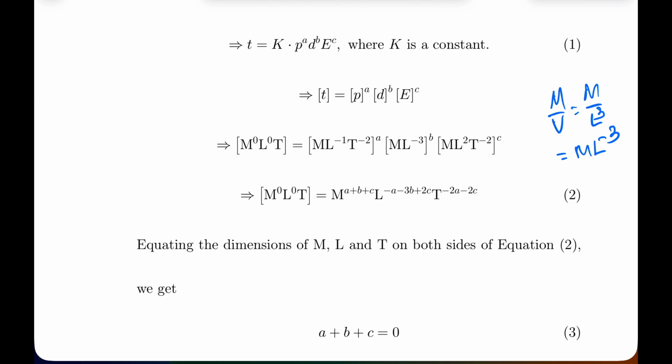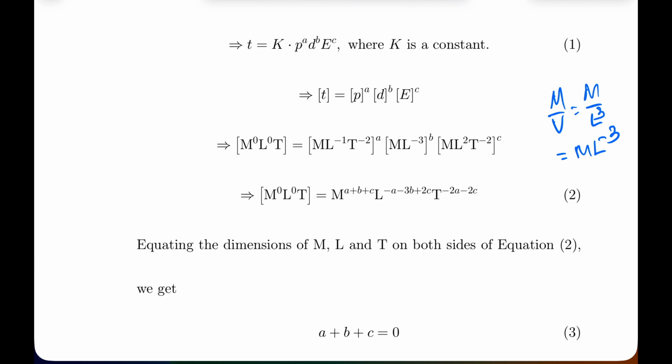And this is energy. Energy is nothing but work done, so this has dimension M L squared T to the power minus 2, to the power c. So add the powers of M, L, and T on the right side.